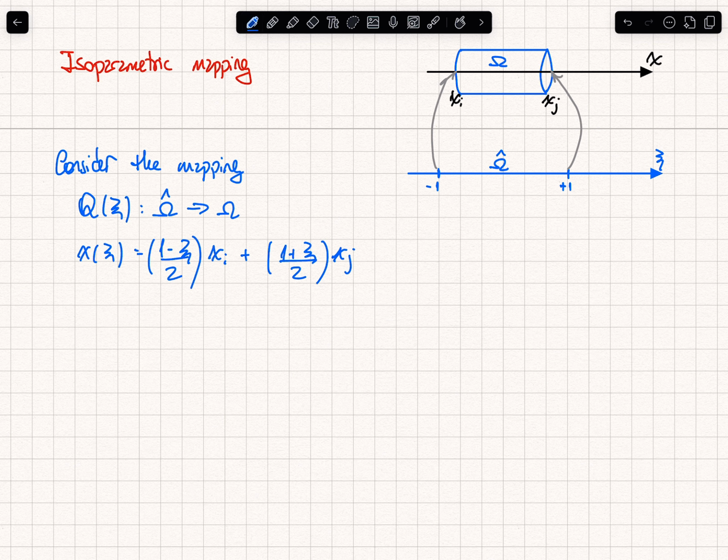Now, this can be expressed, of course, as the sum of functions, i equals 1 to 2, of phi i of xi multiplied by xi. And you can see now that I'm writing that global coordinate the same way we would write our field.